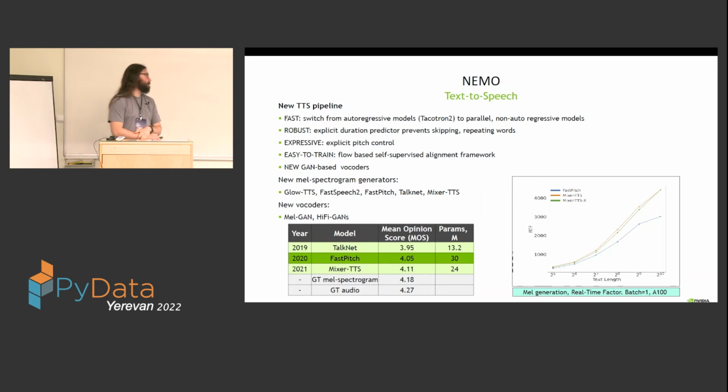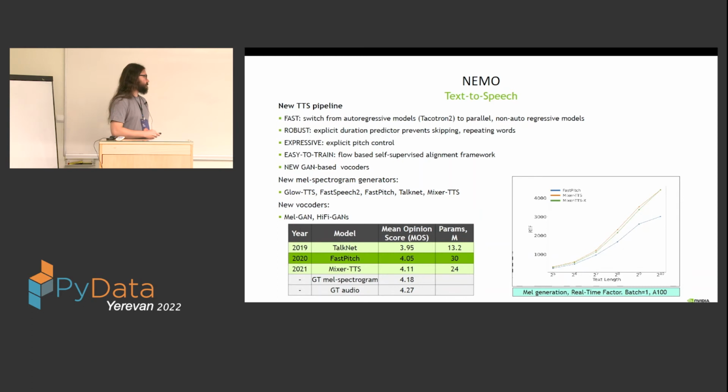So our mean opinion score is quite good. Mean opinion score is how quality of text-to-speech is measured. It is a human measured metric. People listen to some recordings of real speech, for example, this ground truth audio, and the synthesized speech, and assign their marks, their scores, like how natural it is.